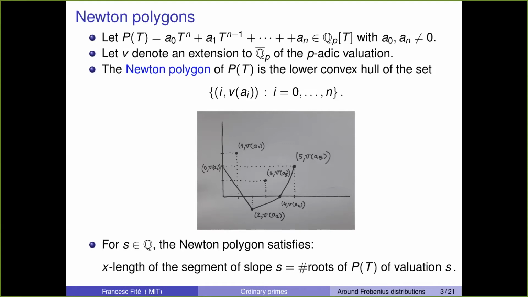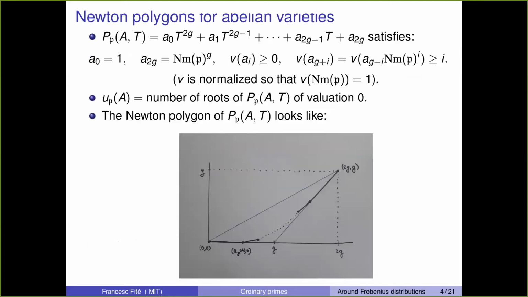For example, if I look at this segment of slope 2, it has x length 1, and this is telling me that there's exactly one root which has valuation 2. This brings us to the Newton polygons that we can attach to the characteristic polynomials of Frobenius for abelian varieties.